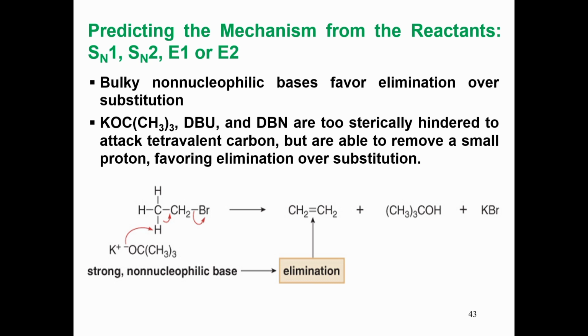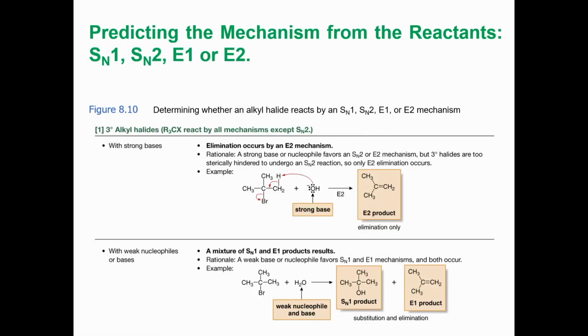Now, bulky non-nucleophilic bases such as tertiary butoxide, DBN or DBU are going to favor elimination over substitution reaction. So when I see these bulky strong bases, elimination will take over instead of substitution. Let's predict the mechanism of these reactions.